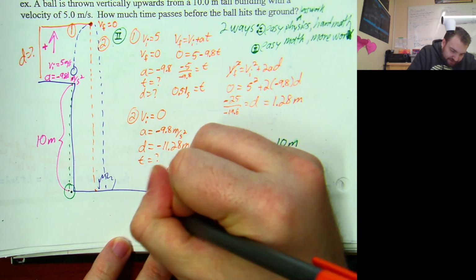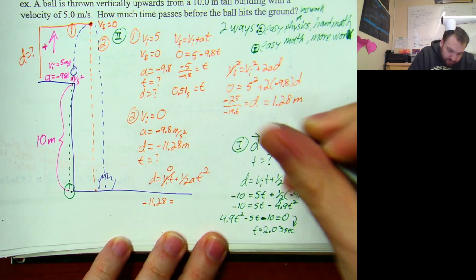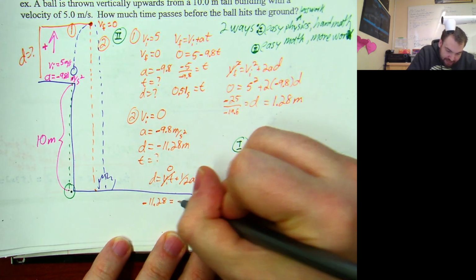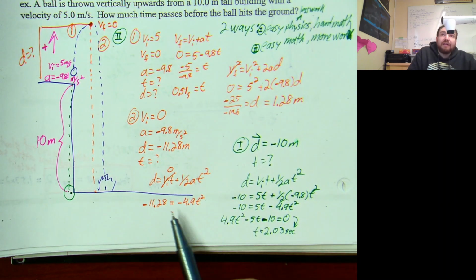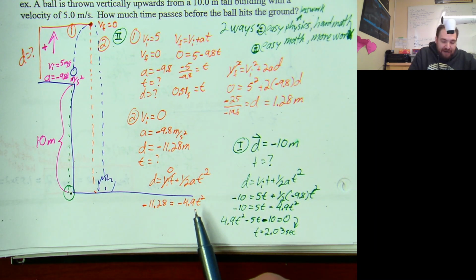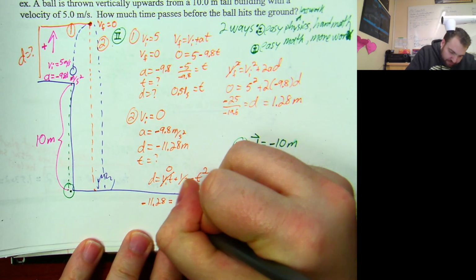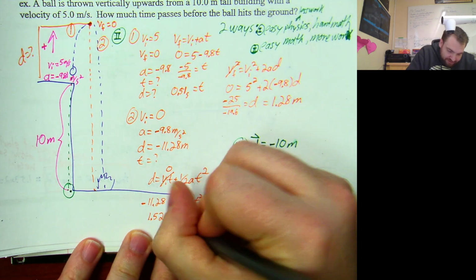So we're going to get negative 11.28 equals negative 4.9 t squared. Negative 11.28 divided by negative 4.9, and then square root that thing, is going to give us a time of 1.52 seconds.